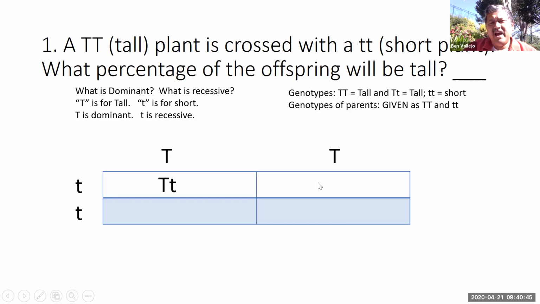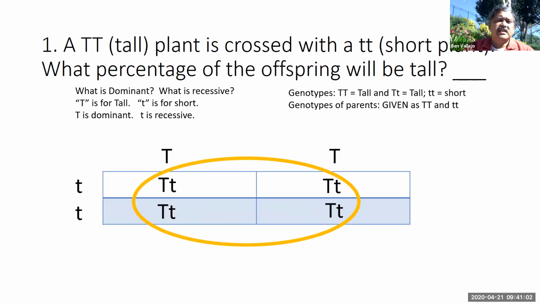Now, if you have one dominant and one recessive, then by convention we put the capital letter first, the dominant will come first. So we have the same situation in the second, third, and fourth boxes. So we can see that all of these are going to be the same genotype, big T, little t.